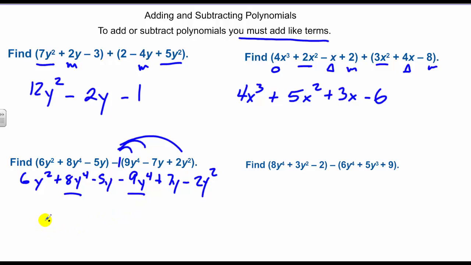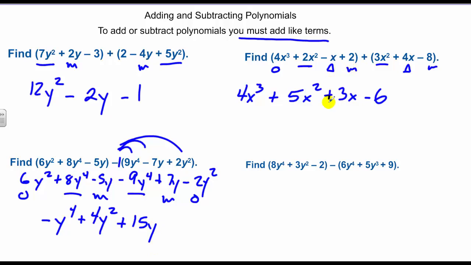That gives me a negative 1 y to the fourth. Look for y cubed, which there aren't any. Y squared, there's another y squared. 6 minus 2 is 4. And then y to the first and y to the first term. I have a total of 15y.